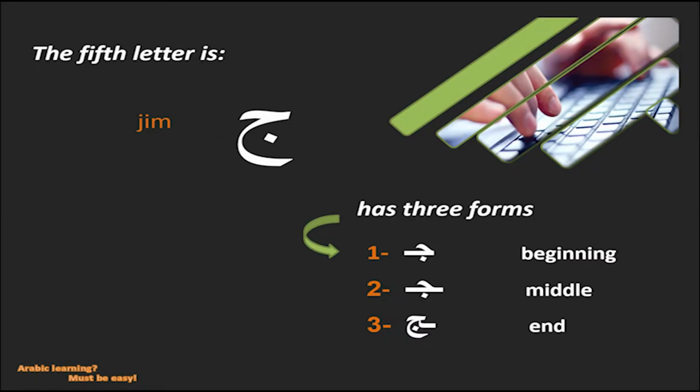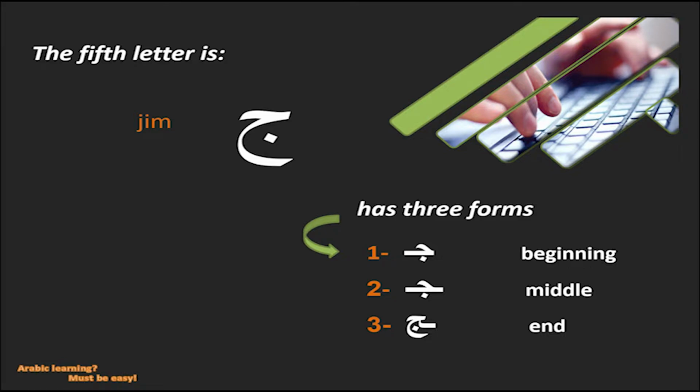Today's letter is Jim. You write the Jim so: you make a horizontal line, then a semicircle with the addition of a point in it. There is also the explanatory video that clearly shows how to write the Jim. As we already learned in the last letters in the series, the letters have different forms.